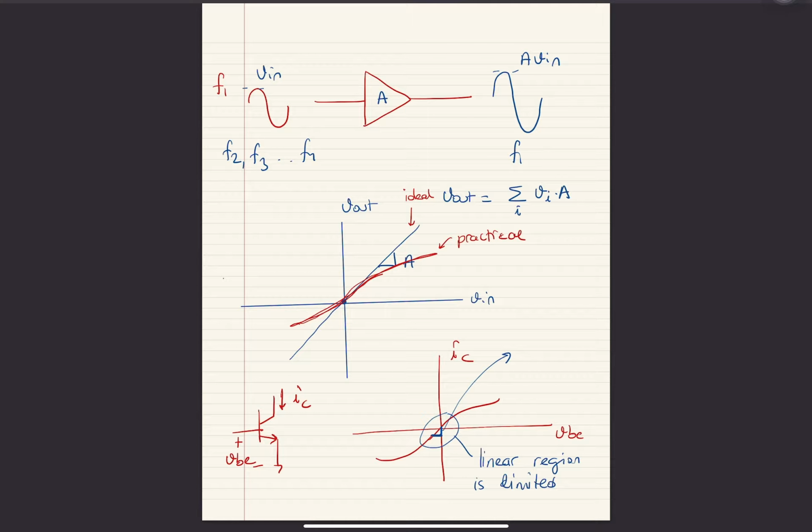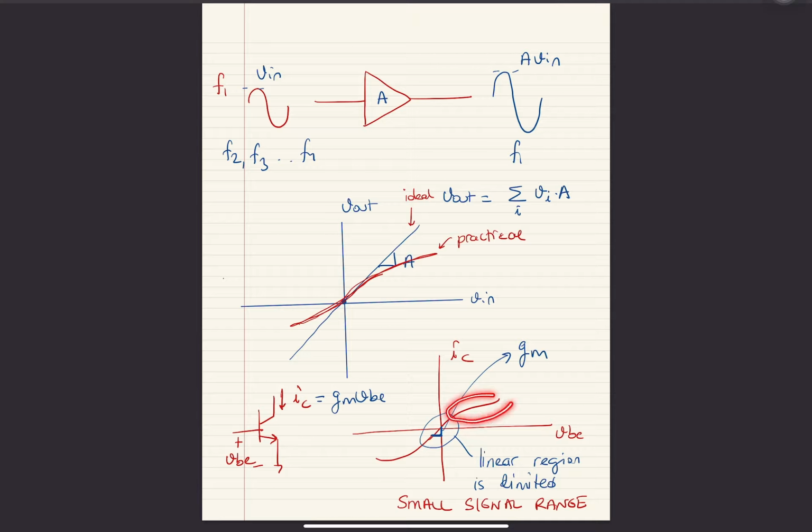If you said GM, that is true, because in this linear region, I say that IC is equal to GM VB. And this linear region is named as small signal range. Now the question is this: how small should VBE be so that I can have linear amplification?